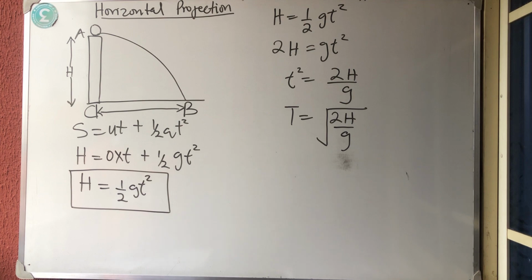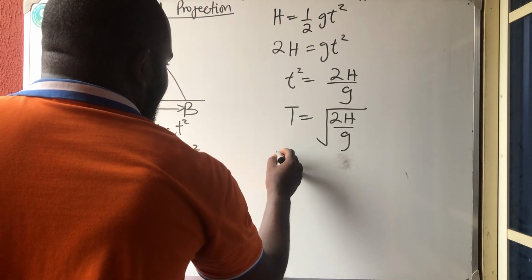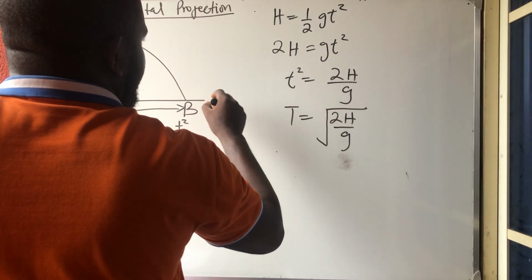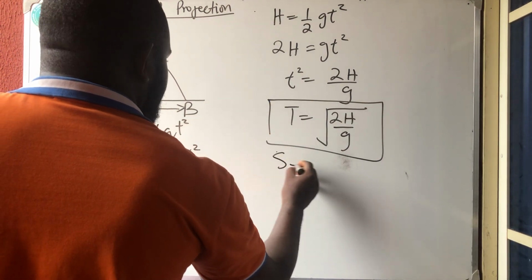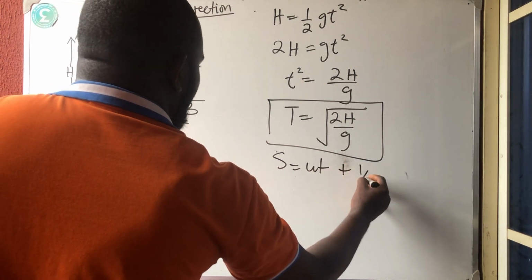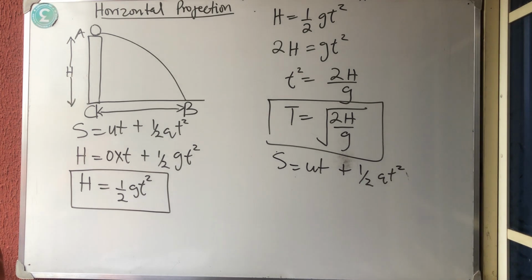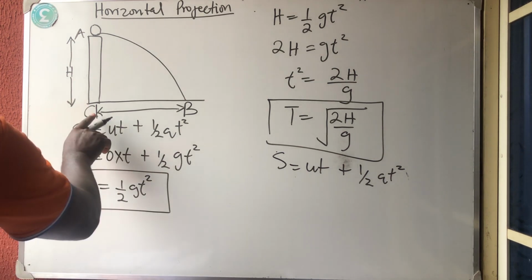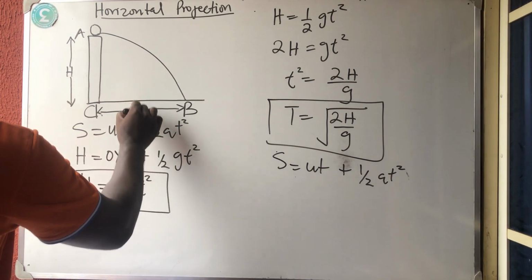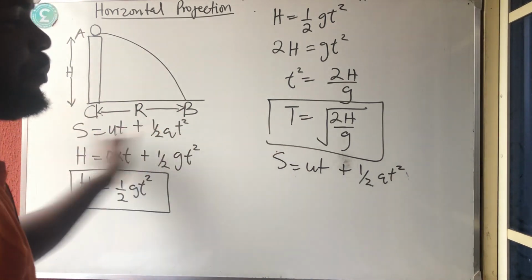The next thing we are going to look at is the range. We see our formula that S is equal to UT plus 1 over 2 AT squared. Now the range is very simple. The range is the distance from here to here. Acceleration is not acting on a horizontal body.